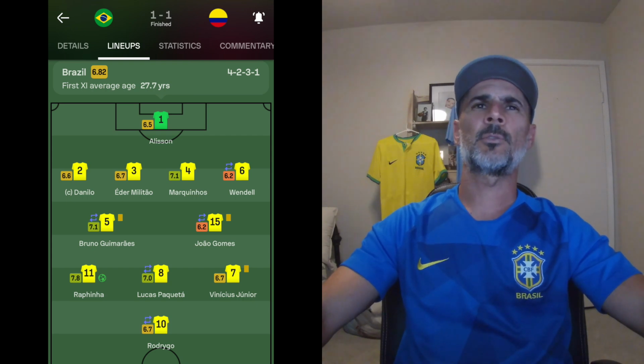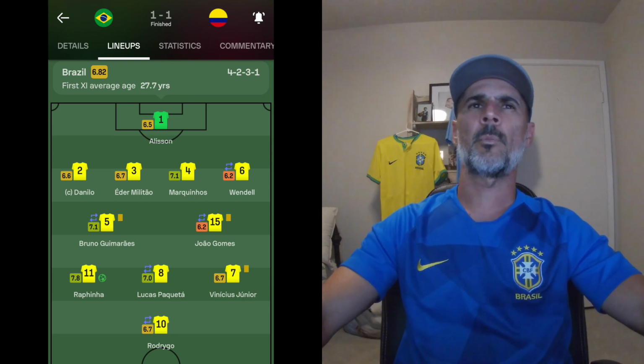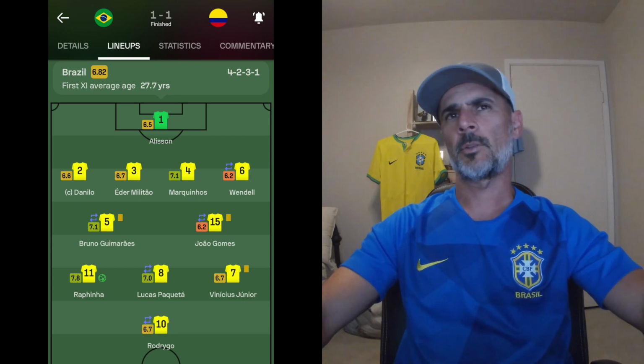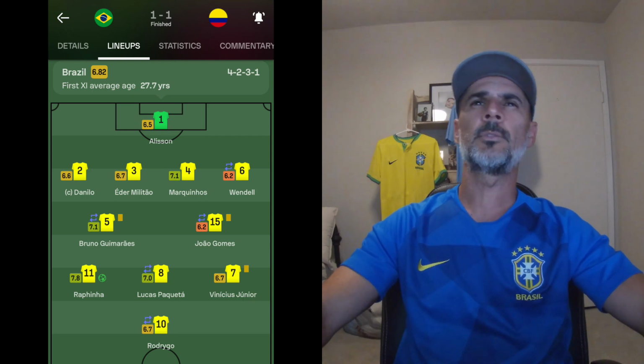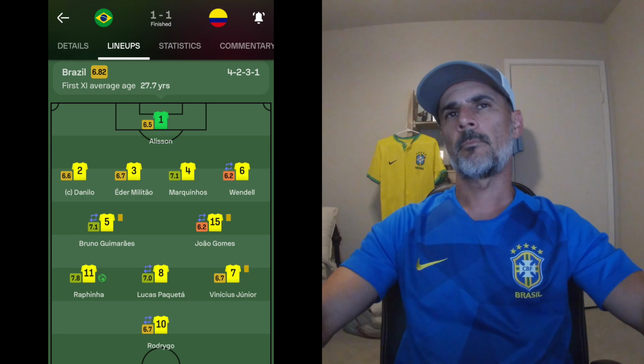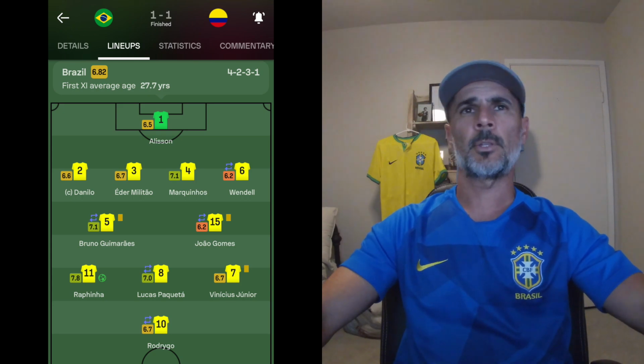In the midfield as well, Bruno Guimarães and João Gomes could be Bruno Guimarães and André, or Douglas Luiz and André. So there are a few variations that we could use in there. But anyways, Dorival has his options and we go with that.